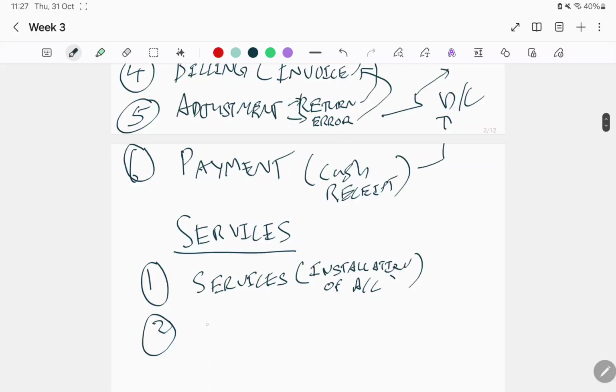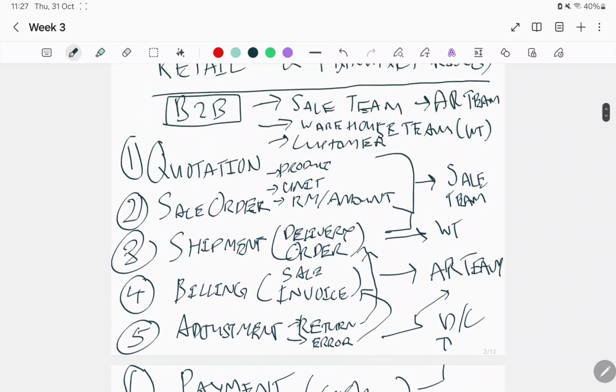Then of course, after that you will straight away go to billing. We will pretty much skip this part, these 3.